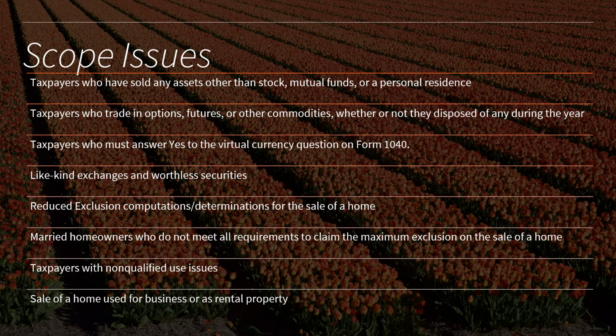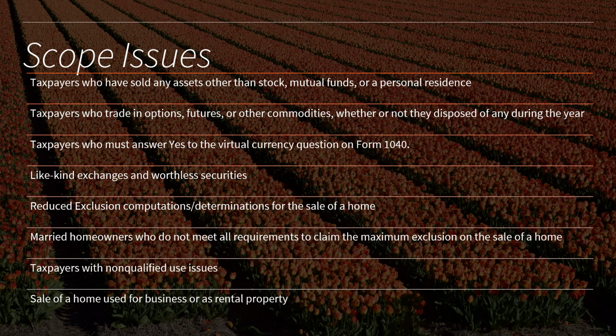And then in regard to the sale of a home, anytime that taxpayers might need to be reducing that exclusion amount, or if we have married homeowners that don't meet all the requirements to claim the maximum exclusion, or if they had use issues that weren't qualified, we need to be sending them to a paid preparer as well.